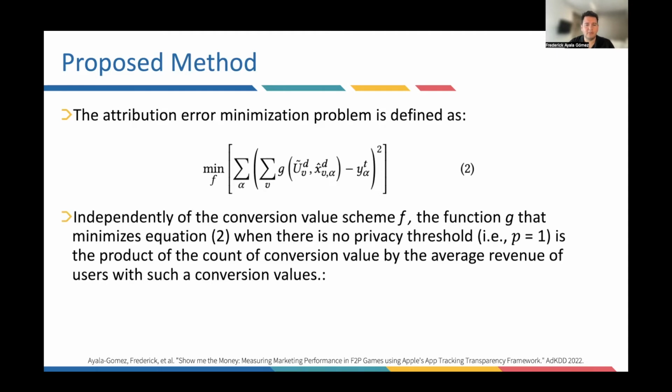We found that independently of the conversion value scheme, there is a function that minimizes this error. First, let's look at the case when there is no privacy threshold. And this is just the product of the count of the conversion value by the average revenue of the users with such a conversion value.